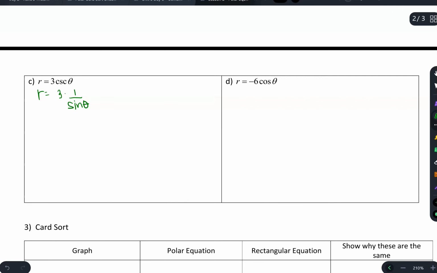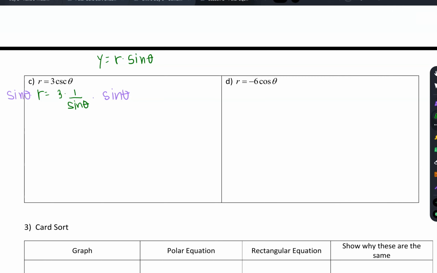So let's remember y is going to be equal to r times sine of theta. So what if I multiply both sides by sine? Then can I get it in terms of y?